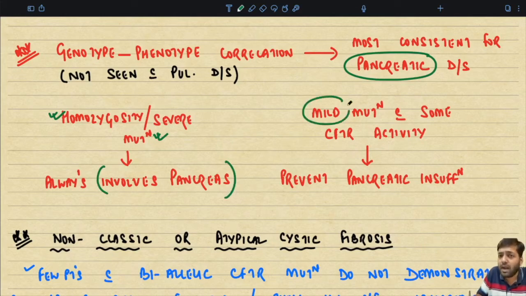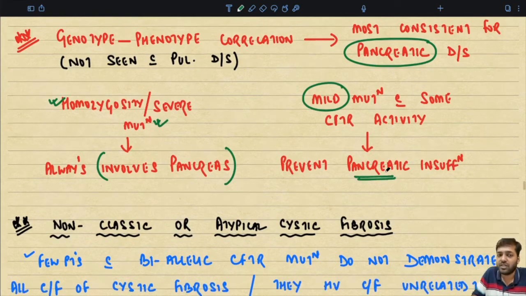Whereas whenever there is a milder mutation with some amount of CFTR activity, pancreatic insufficiency is not present, or the pancreas is spared. So this is the clinical feature for which, if the genotypic mutations are severe, pancreatic disease is bound to occur. But if the mutations are mild, it is going to prevent pancreatic insufficiency.